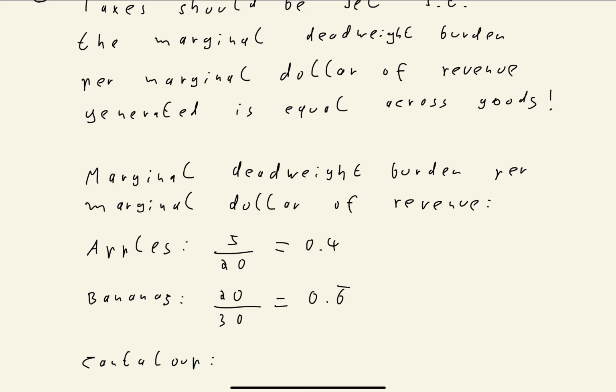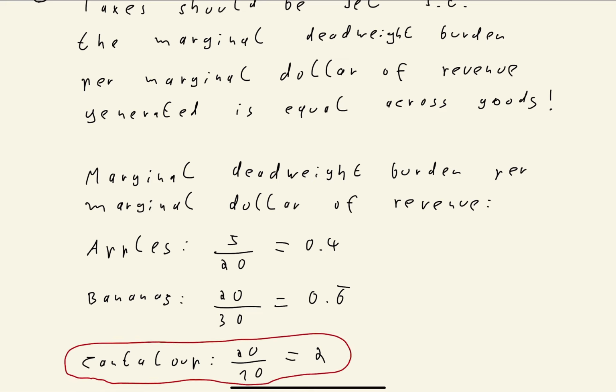So here we have 20 divided by 10, which is then equal to 2. Therefore, as we can see, first of all, it's not the same everywhere, so the ratio is not the same. And we see that for cantaloupes, this ratio is the highest.